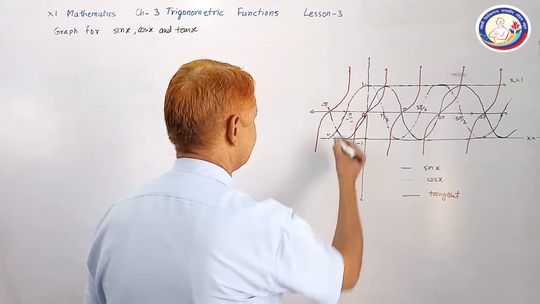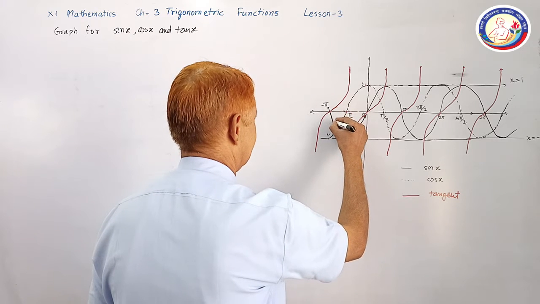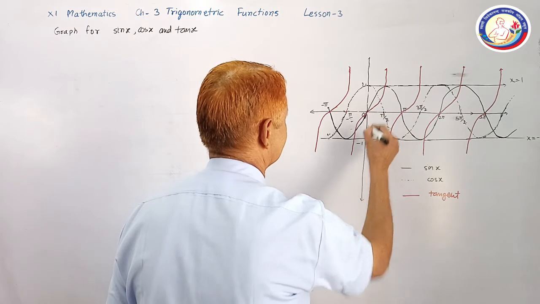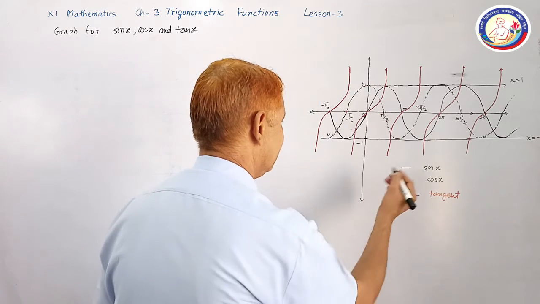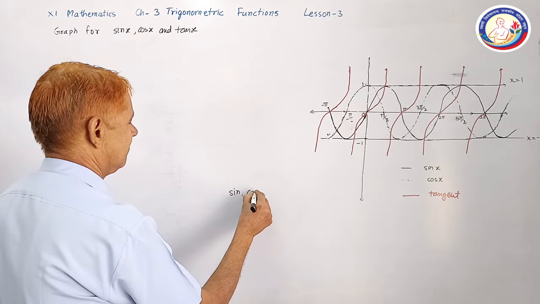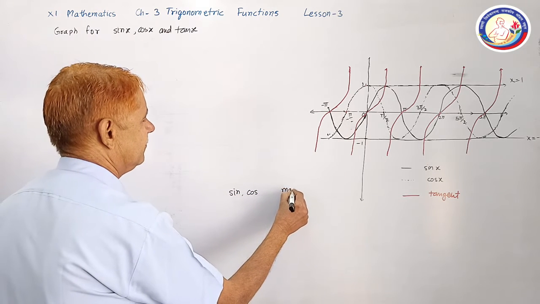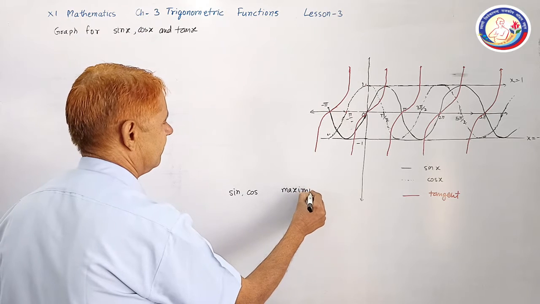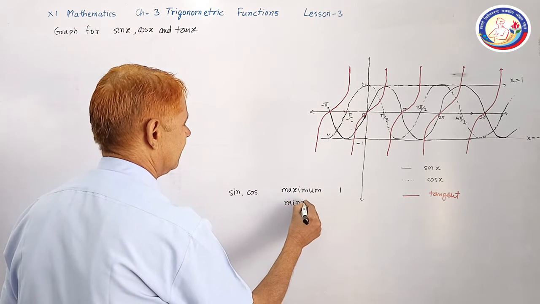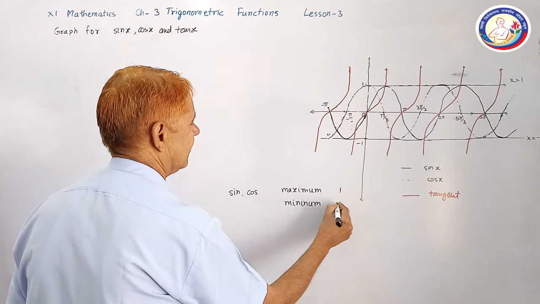This black line is for the sine function. We know that the maximum value of sine and cosine is 1, and the minimum value is -1.